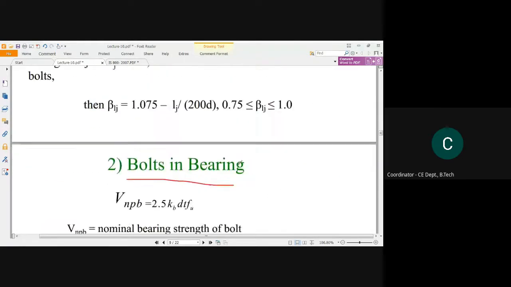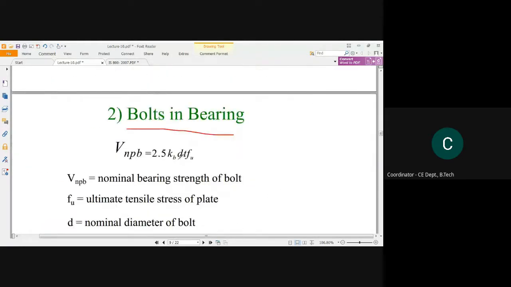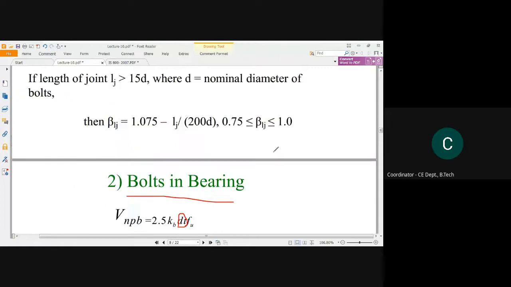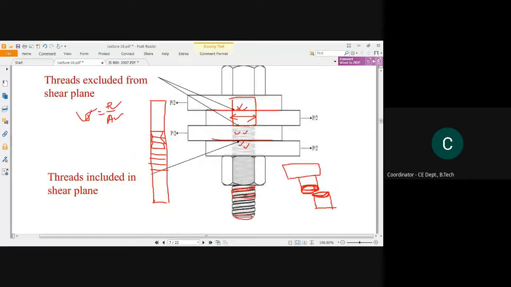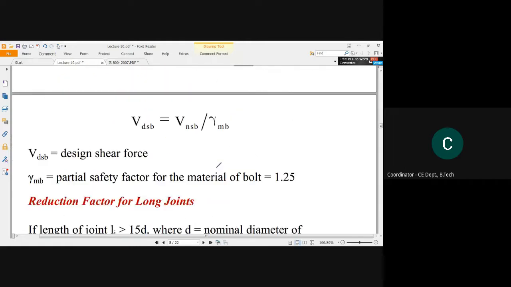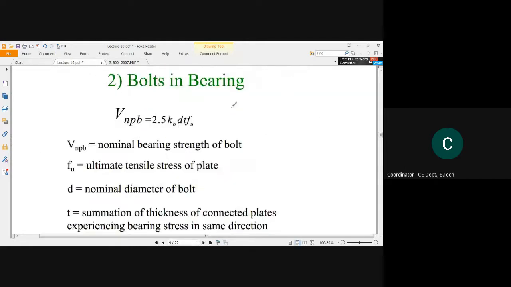But in the case of bearing, we are considering the area as d into t. d means the dimension of the bolt, and t is the thickness of the plate. So this is the area we will be considering while judging the bolts in bearing.